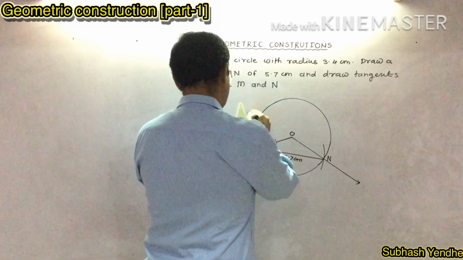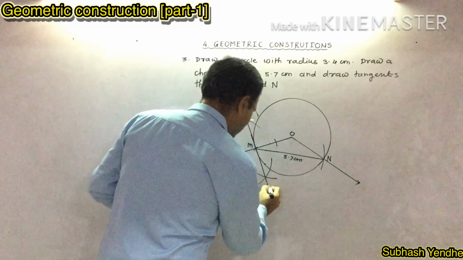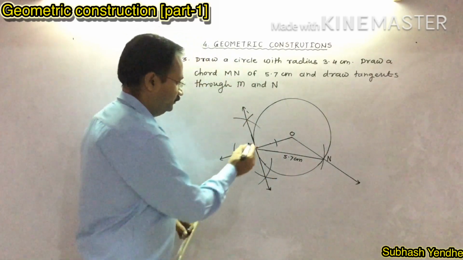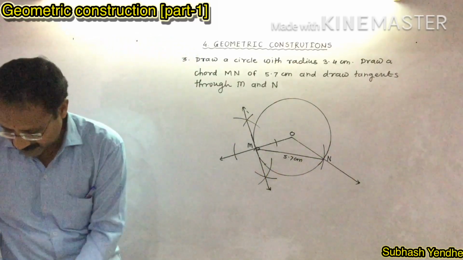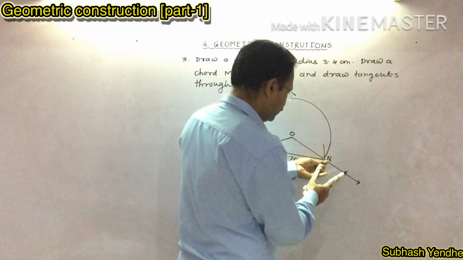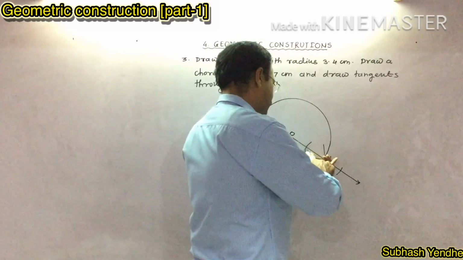Okay, here I am going to draw it. This is the tangent. Okay, now here I am going to draw from the point N. Same method you have to use. Put the point on N, make the two arcs on both sides. So you will get the segment.